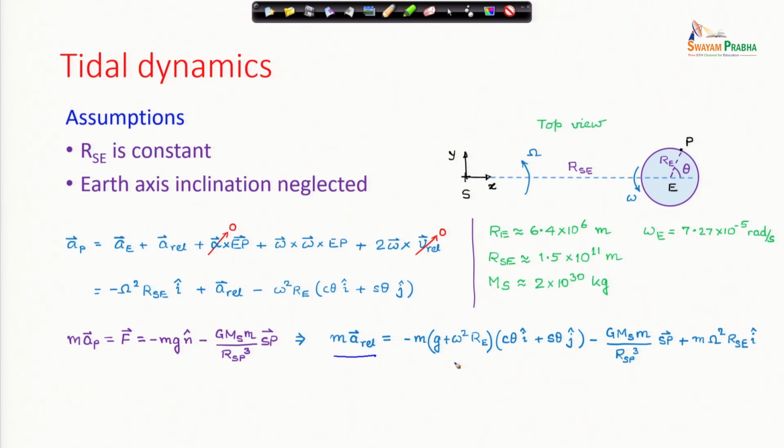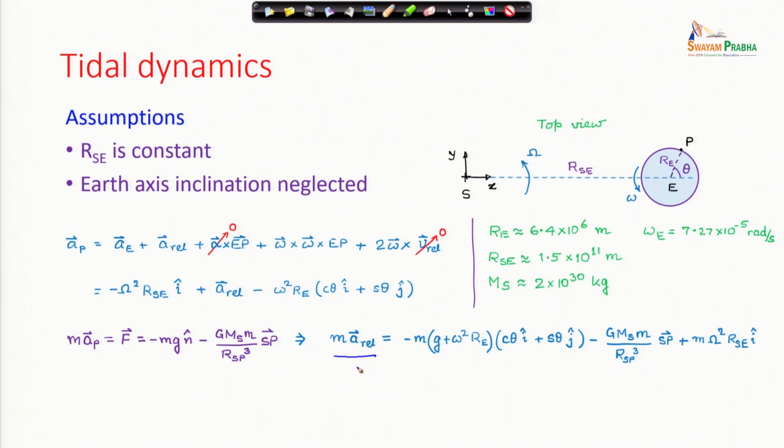Because on the right hand side, whatever goes is the force as felt by that particle, or the quantity of water being on the earth. So, mass times Arel, this dynamics is going to govern the dynamics as observed by an observer on the earth, which is a non-inertial frame here.